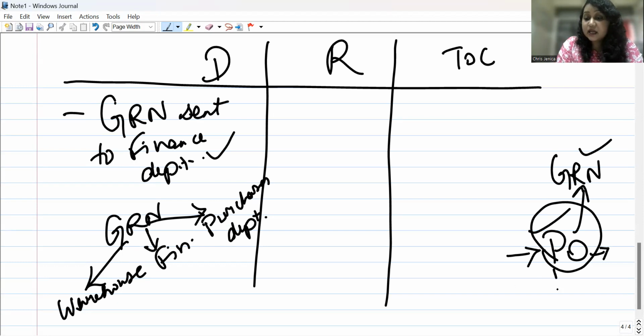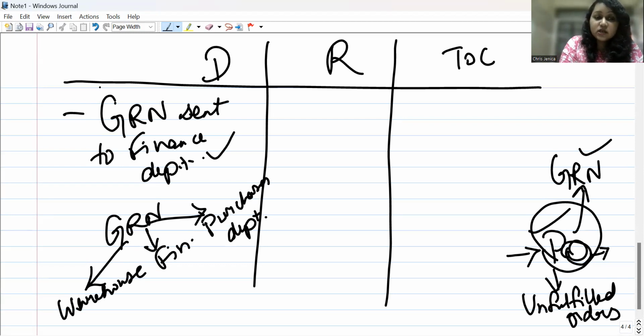And are there any unfulfilled orders? Is there any wrong stock that has come in? So everything can be matched with the PO and then found out. Right. So that is the deficiency I'm going to find here. So what is the deficiency here? GRN sent to the finance department only. That is the deficiency.